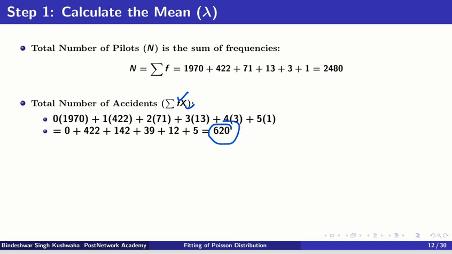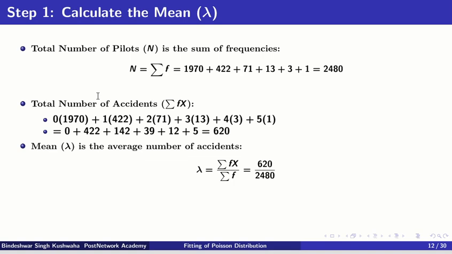Then you will divide the summation of f x by the total number of frequencies, so that would be the mean, and that would be equal to 0.25.